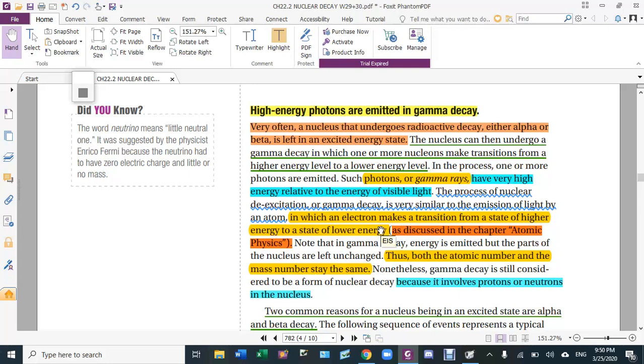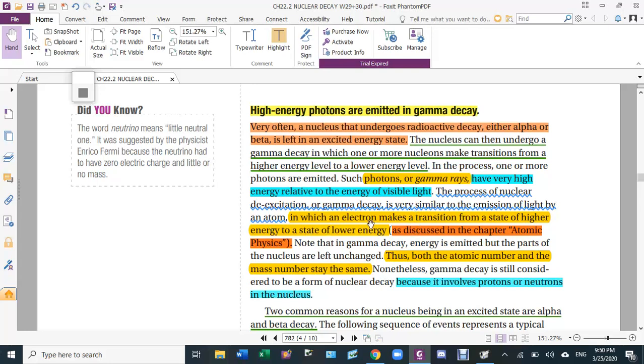These photons from gamma decay, or gamma rays, have a very high energy relative to the energy of visible light. Now, the process of nuclear de-excitation, or gamma decay, is very similar to the emission of light by an atom.